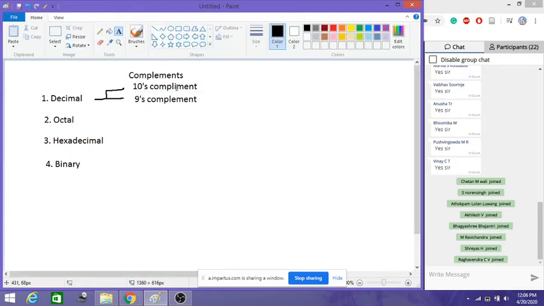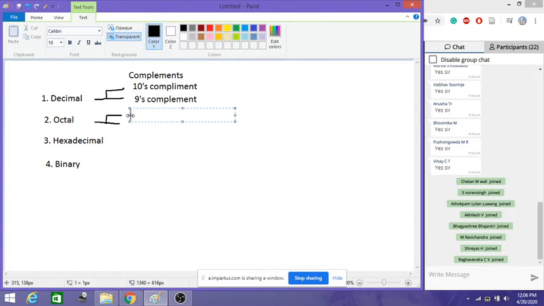This here is a spelling mistake. Likewise, octal also has 2 complements, the maximum value and the maximum value minus 1. So here we have the 8's complement and the 7's complement.